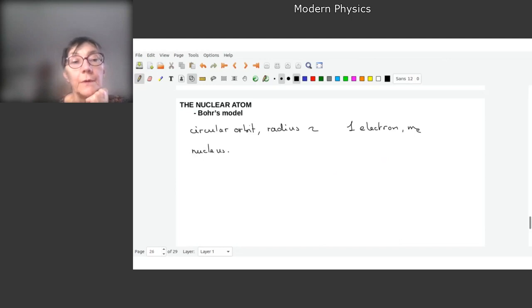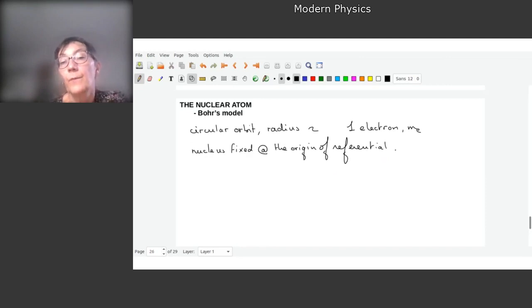First we are going to fix the nucleus at the origin of the frame. Why can we say that?